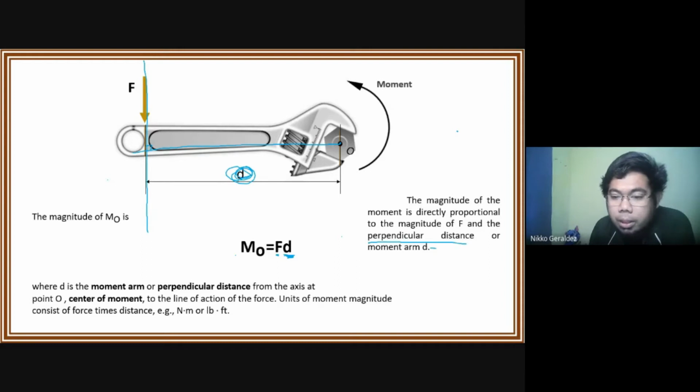Ang unit natin for moment, pwedeng Newton meter or pound-foot. Ayan yung dalawa nating sir sa physics namin. Yung Newton meter, yung ginagawa namin joule, kasi unit of work.